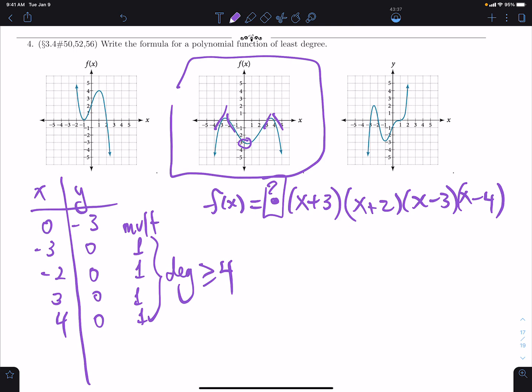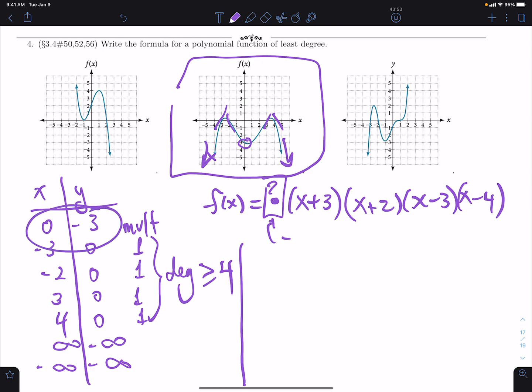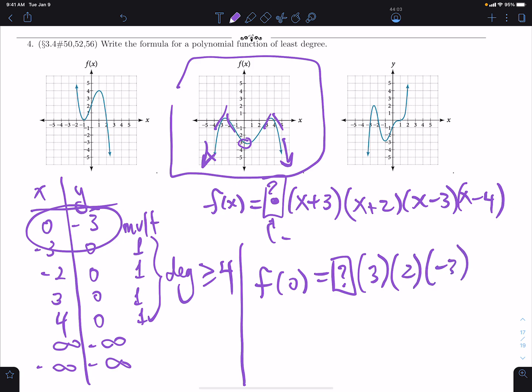I can see that it's going to be negative because the end behavior, as x goes to infinity or -infinity, is negative, so I must have a negative number. But let's see what happens. We're going to match this with the y-intercept. f of 0 is going to be some coefficient times 3 times 2 times -3 times -4.